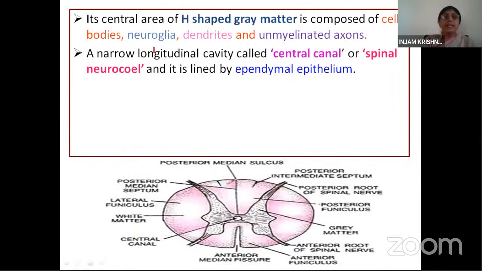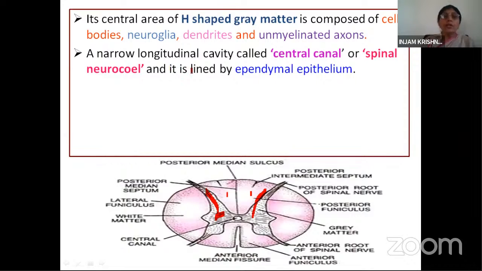The central area of the H-shaped gray matter is composed of cell bodies, neuroglia, dendrites, and unmyelinated axons. It is the H-shaped gray matter. Already I explained, this is the central canal, and this one is white matter.